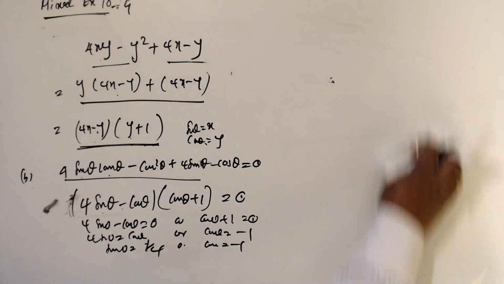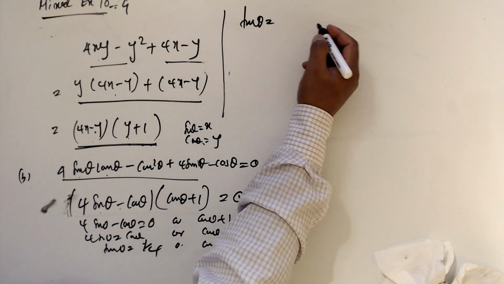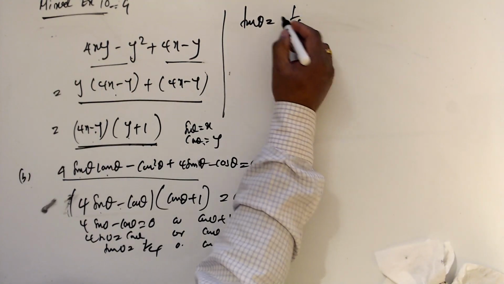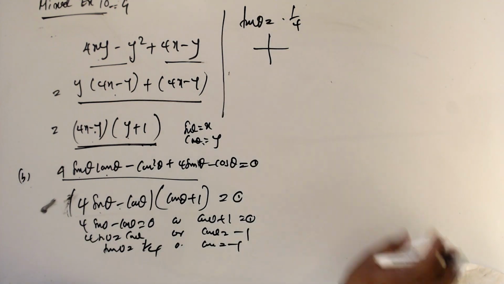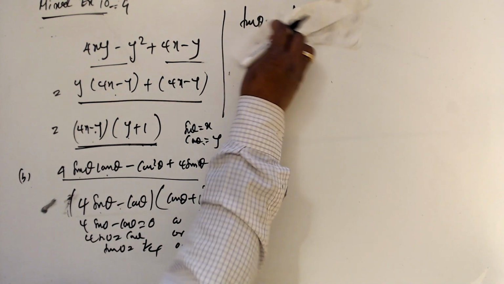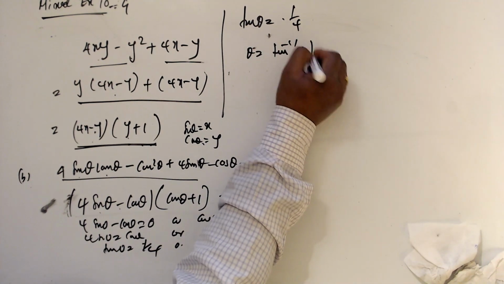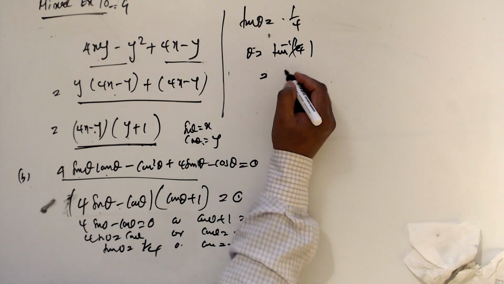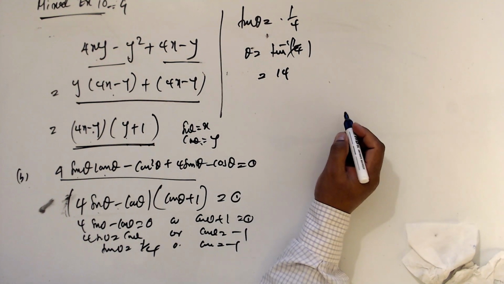Now we have two answers to solve. Tan theta equals 1 over 4, which is positive. Theta equals tan inverse 1 over 4, which is 14.